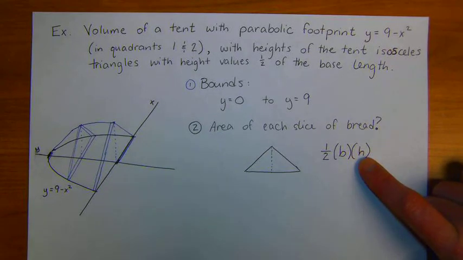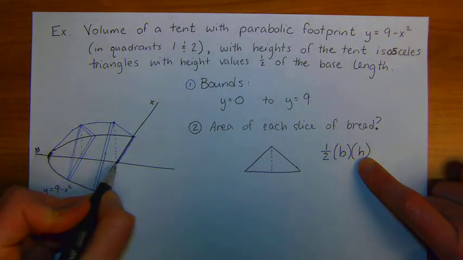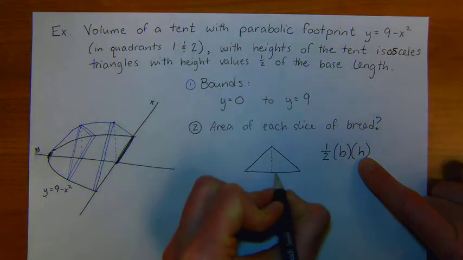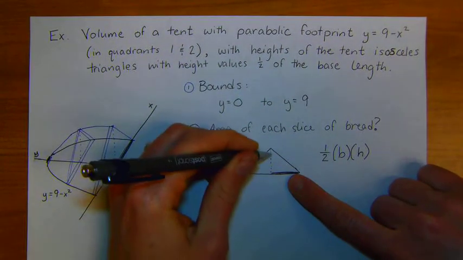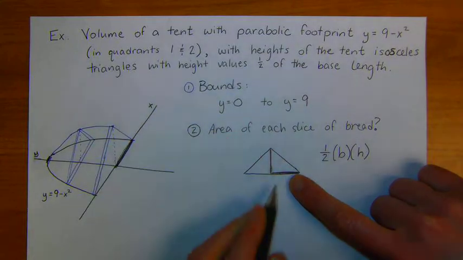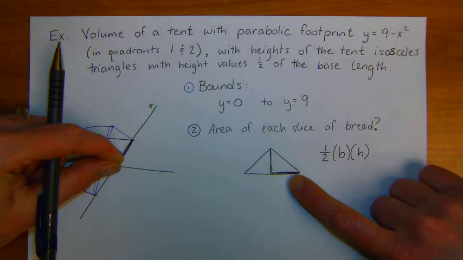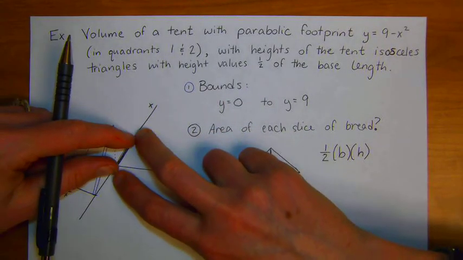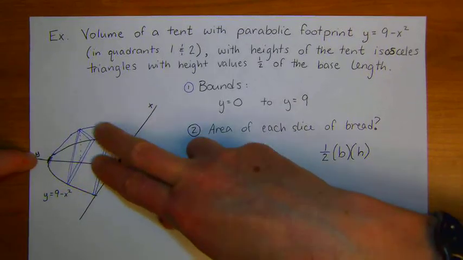But one piece of information we have is that, from this picture, half of this length right here is exactly equal to the height. That was given in the problem. And the width here is really just measuring my x values, as my x values get shorter and shorter as the y values increase.